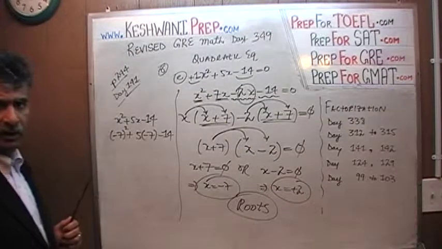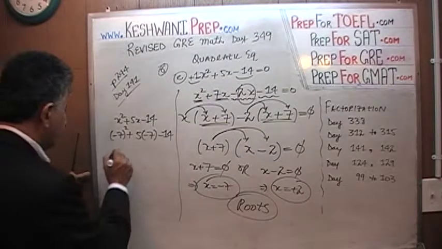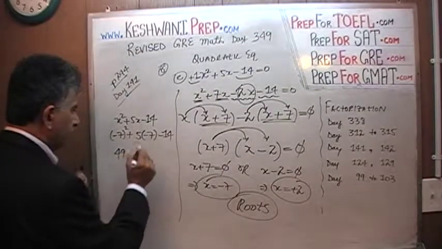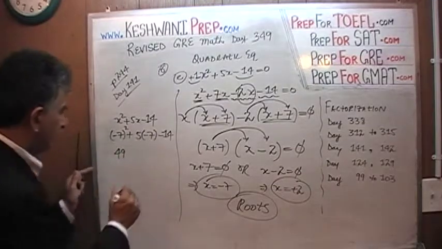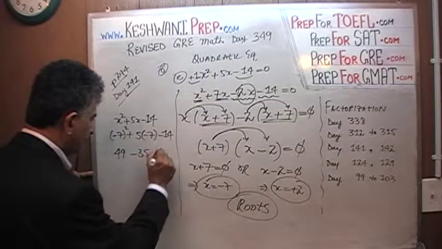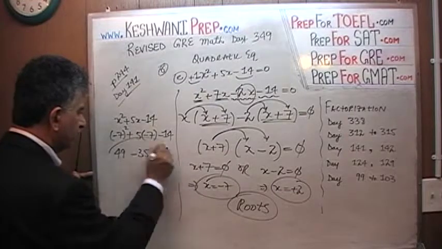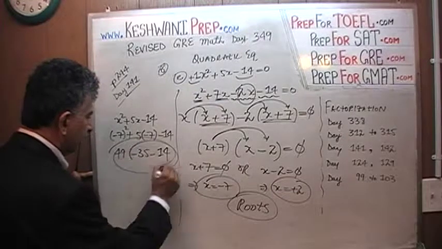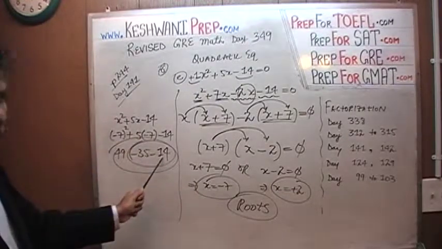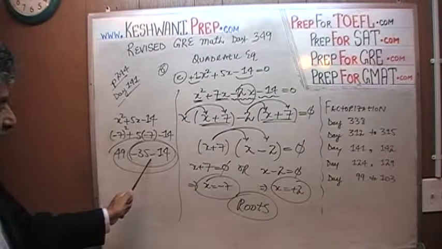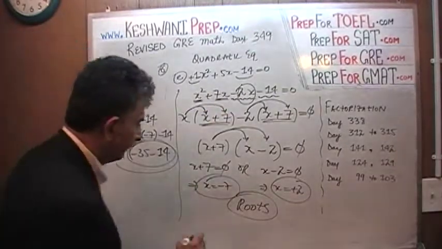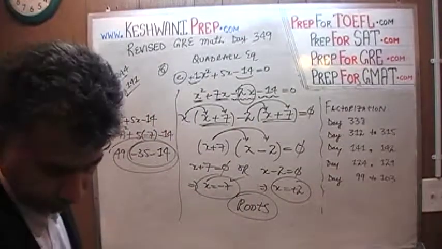Negative 7 squared, negative 7 times negative 7 is just positive 49. 5 times a negative 7 is going to give us negative 35, minus 14. And what do we find? We find that negative 35 and a negative 14 is in fact negative 49. So 49 minus 49 is going to give us 0. It works. This solution is correct.